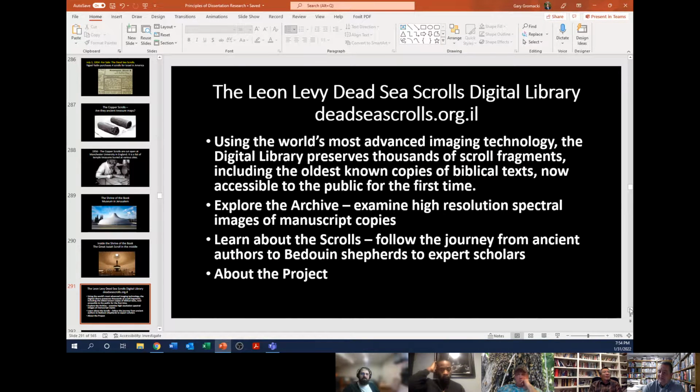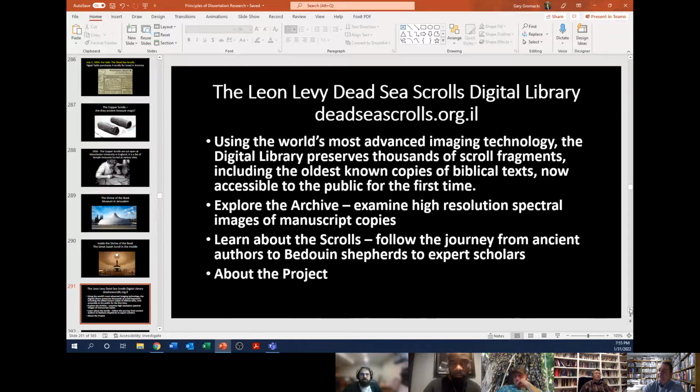The Leon Levy Dead Sea Scrolls site, right? So you can go online and check it out. The cool thing about it is that if you have your computer, you can enlarge it so you can actually look carefully at a letter or word. So that's a really cool feature.